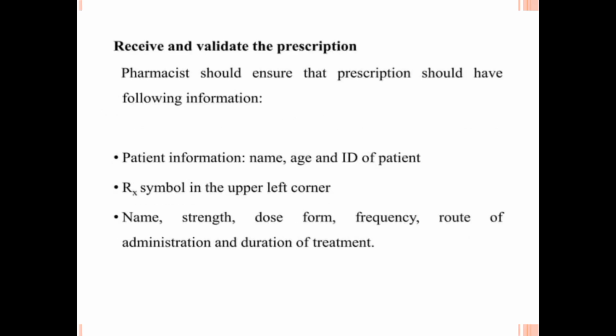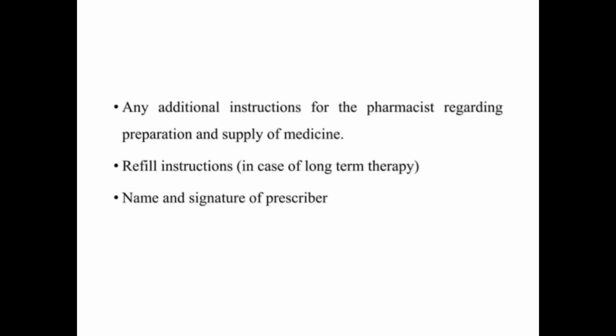So the first step means to receive and validate the prescription. As soon as we receive the prescription, we should check whether the name, age and gender of the patient are given, and whether the symbol RX is present or not. Then as far as the medications are concerned, name, strength, dose, frequency, route of administration and duration of treatment should be given.